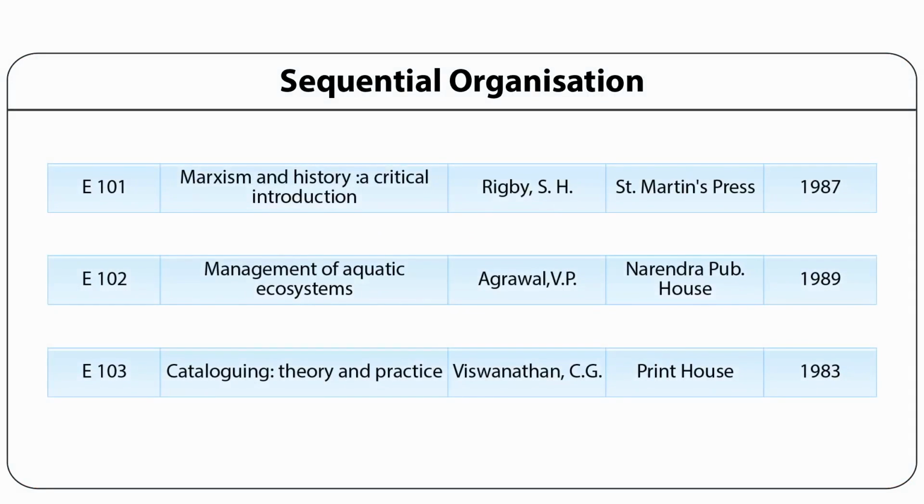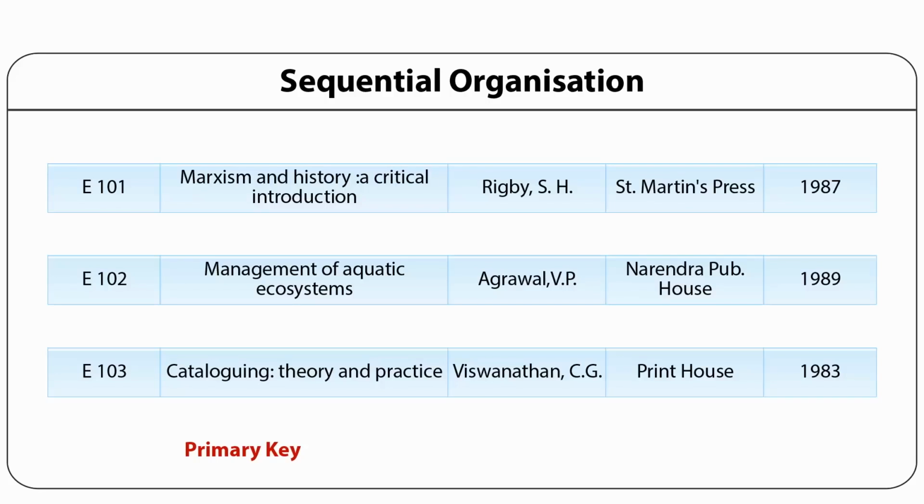Sequential organization. This slide shows how the data is stored in sequential organization. Here we have data about books, about its title, author, publisher, and year of publication. You can see at the left hand side we have a column named primary key.